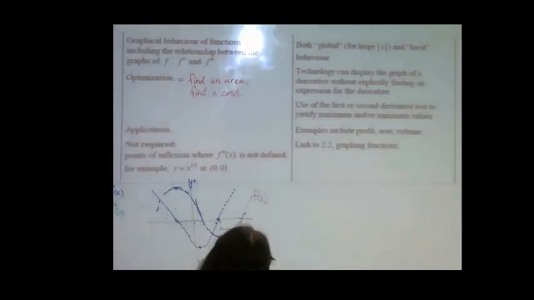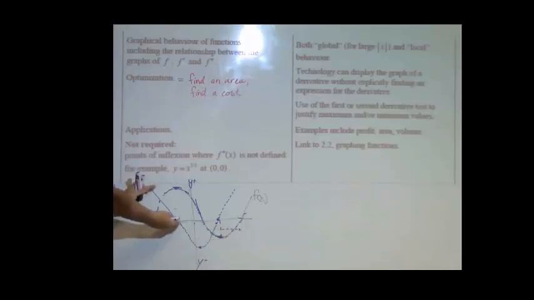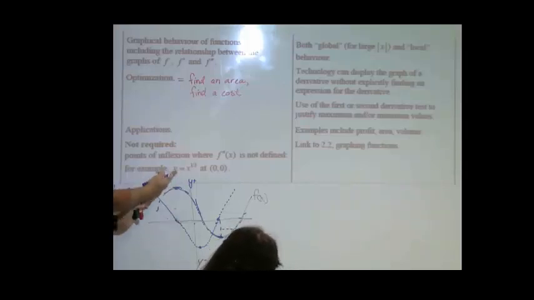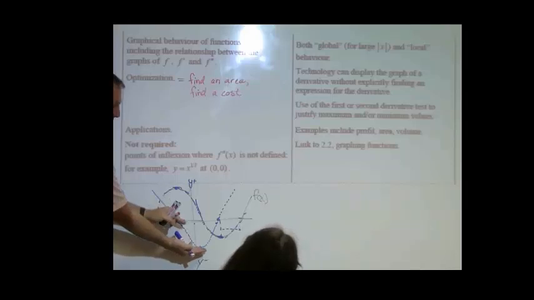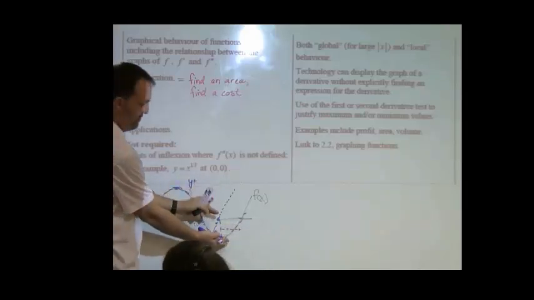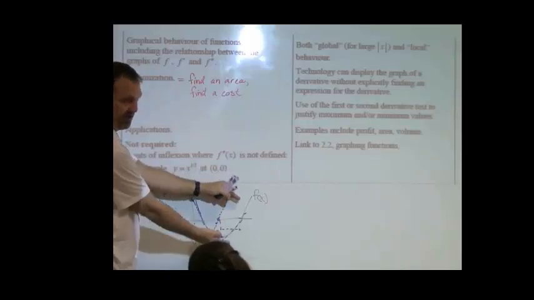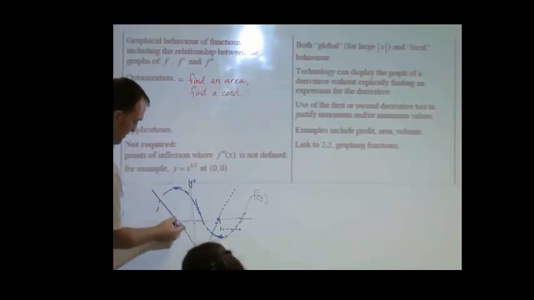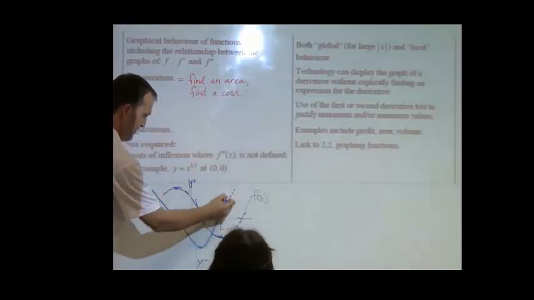Your graph is positive, but not the actual slope of the graph, no. I'm looking at what y values these are. These are positive y values, which tells me positive slope. These are negative y values, telling me negative slope. Back to positive y, so positive slope. So I have something that might look a bit like that.